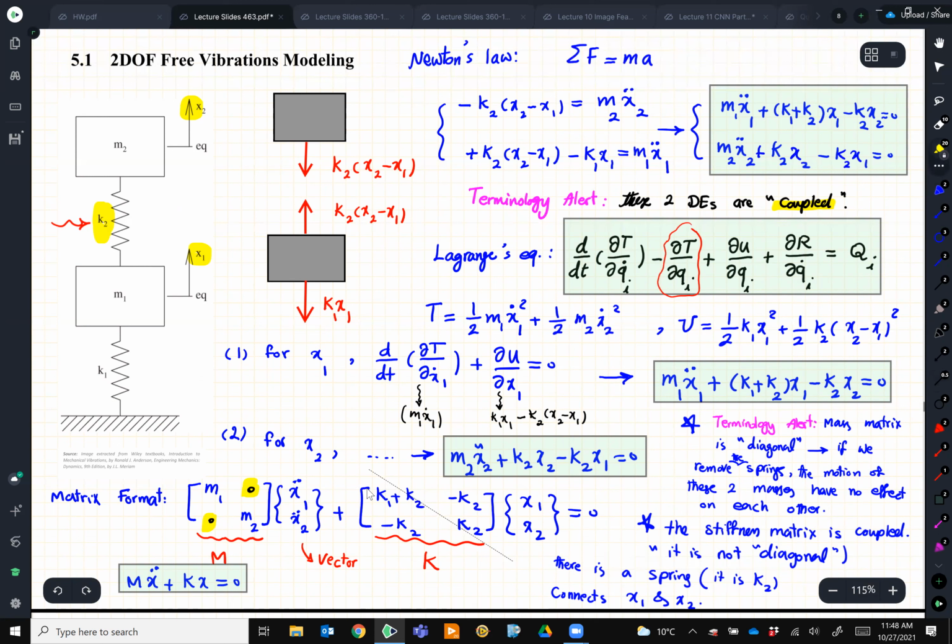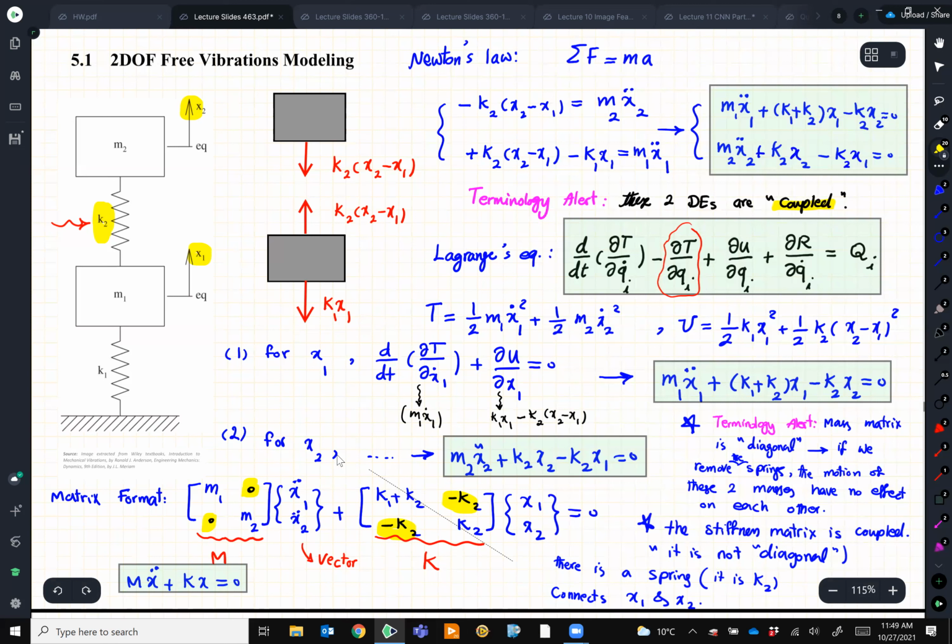On off-diagonal, what you have is minus K2, minus K2, because you have K2 connecting these two variables. Of course, you don't need to check any of these because math will find it for us. But it's important to have a sense of what's going on and also a quick check to make sure that we derive the equations correctly.